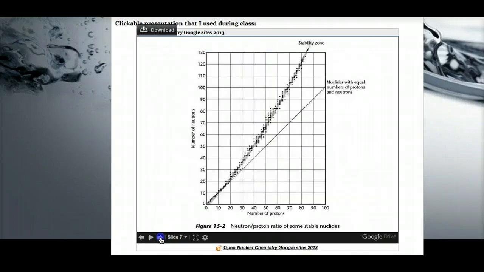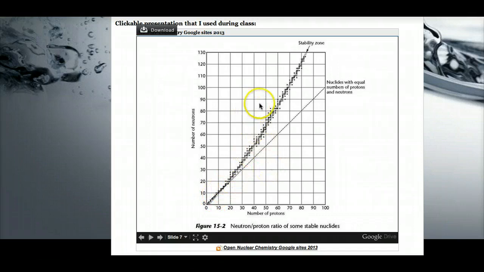Okay? Now, talking about this ratio of neutrons to protons, early on when you have light nuclei, it's a 1-to-1 ratio. Here's your neutrons, here's your protons. Now what happens is that as you add more protons, you need more and more neutrons. It's called the stability zone. Early on, the protons equal the neutrons if they're stable.